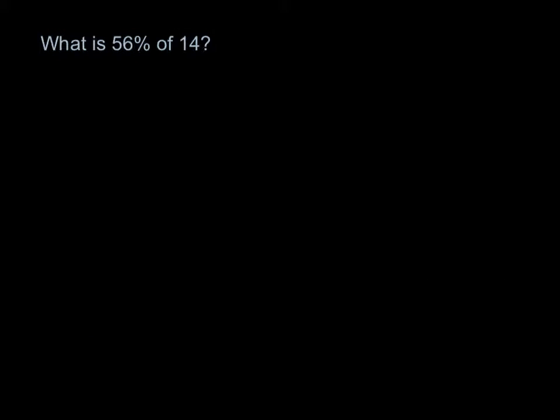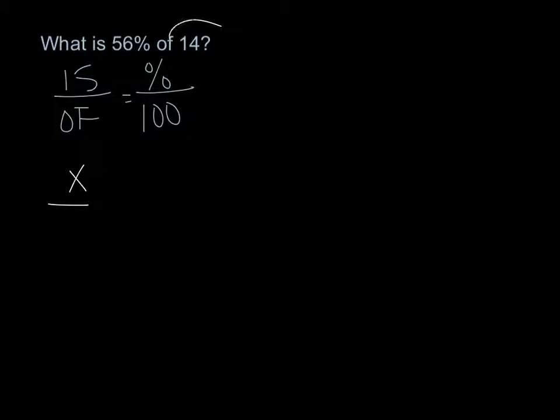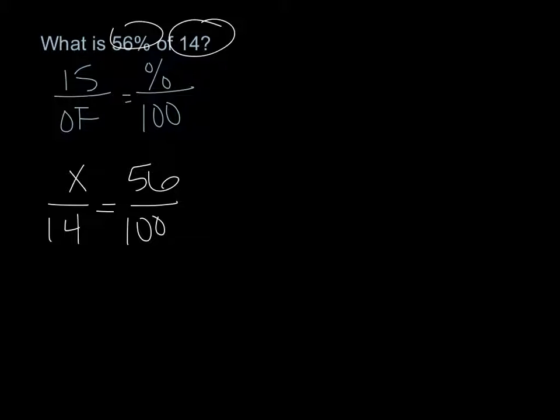Let's do one more example. Try this one on your own, and then pause the video to work it out, and then restart it to see if you got the problem right. So this one, still use is over of equals percent over 100. So our is again is x, our of is 14, our percent is 56, 100 will always be on bottom.